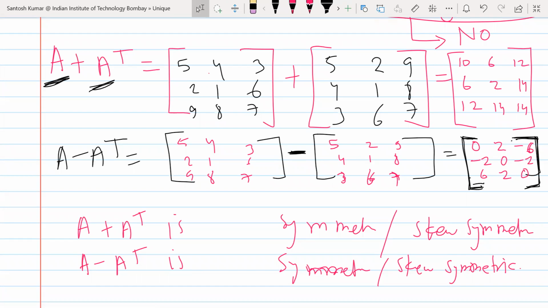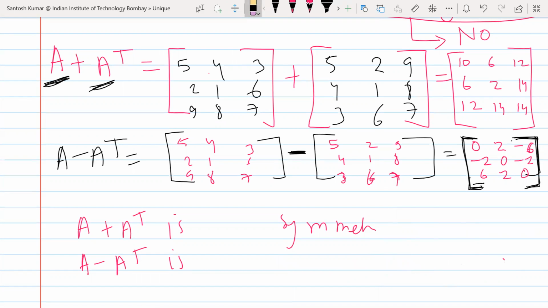So A plus A transpose is symmetric, and A minus A transpose is skew symmetric. Right. So A plus A transpose is a symmetric matrix, and A minus A transpose is a skew symmetric matrix.